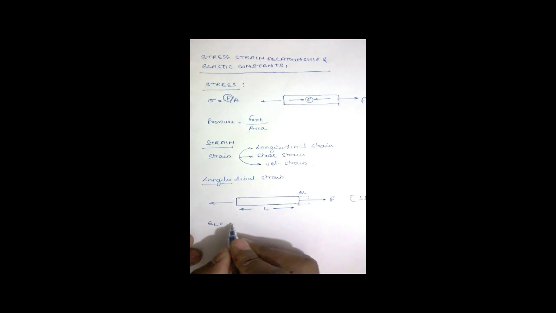So, on application of this longitudinal force, there will be a slight extension in the length of the bar equal to delta L. Now, longitudinal strain will be equal to the change in length of the bar upon the initial length of the bar.